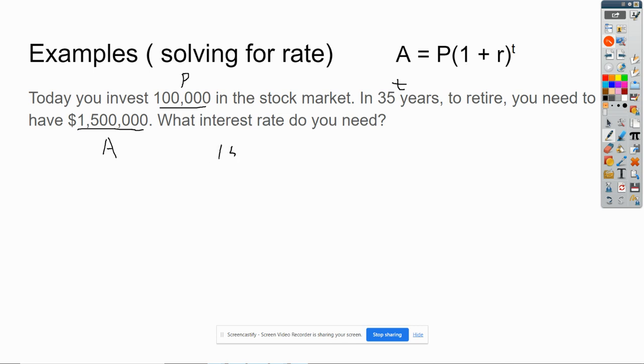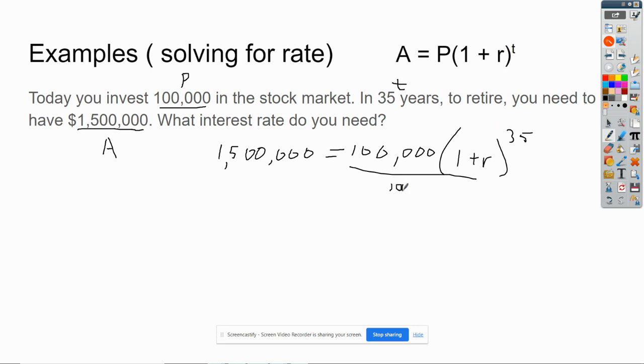We get 1.5 million. Let's put some commas here, it might help a little bit. We got 100,000 for P, and we got 1 plus r to the power of t, which is 35. Okay, first step is to divide both sides by 100,000.